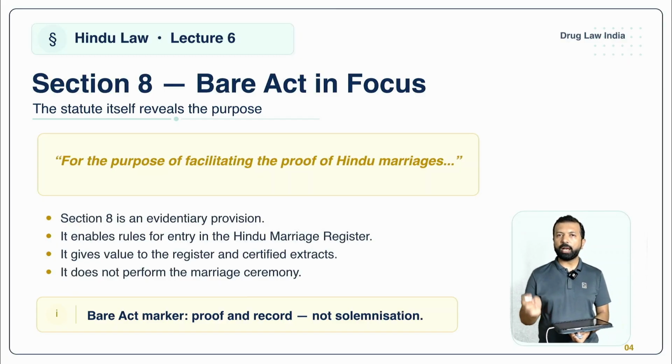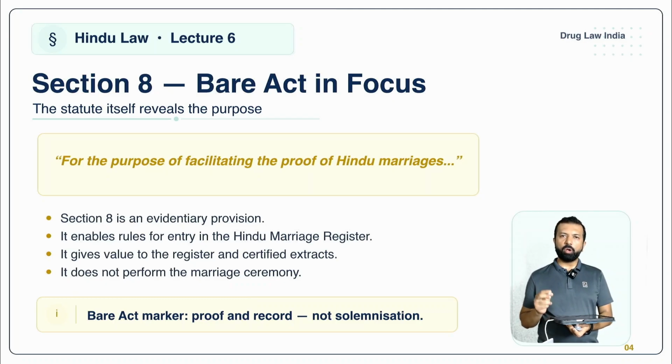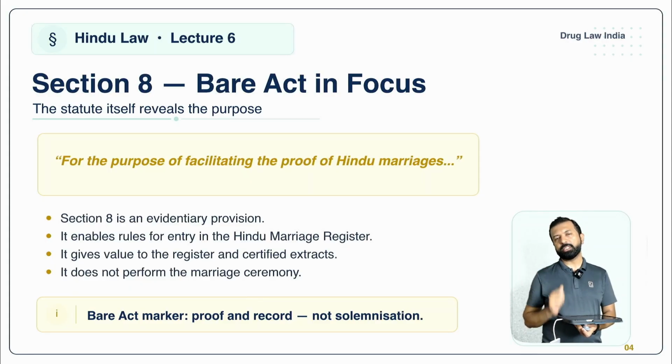It does not say for the purpose of solemnizing a marriage. All it says is for the purpose of facilitating proof. So Section 8 is an evidentiary provision. It is about proof, record and legal evidence. But it does not perform the marriage ceremony. So while reading Section 8, always keep this point in your mind, that it is a proof and record and it does not mean solemnization of marriage.